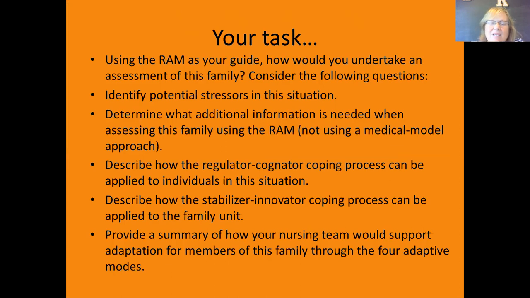And then we would really summarize all of this information and then talk about how we would be able to support adaptation for members of the family through those 4 modes, and then for the family altogether through those 4 modes.